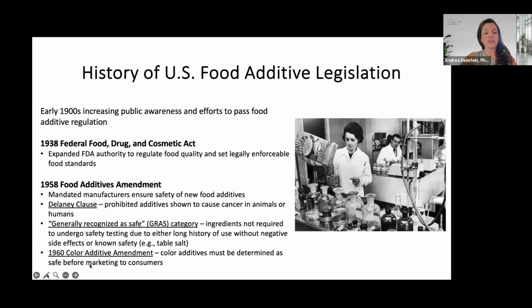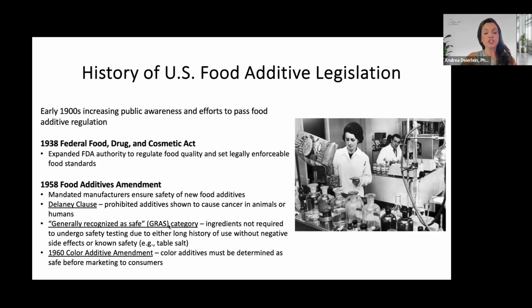It also created the generally recognized as safe category, which we'll be talking about a bit more. This allowed ingredients that had a long history of being used without negative side effects, or that had a known safety, such as table salt, to be exempt from safety testing.